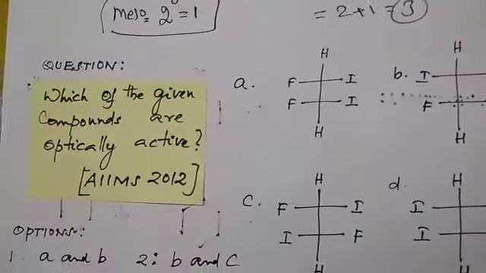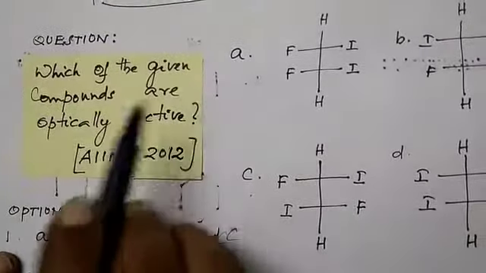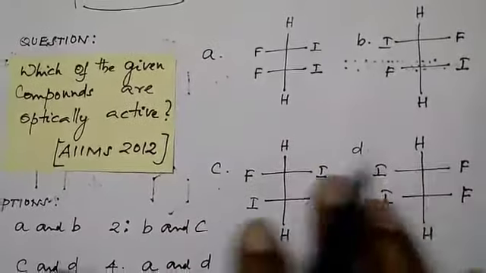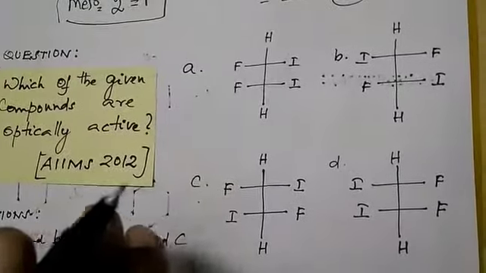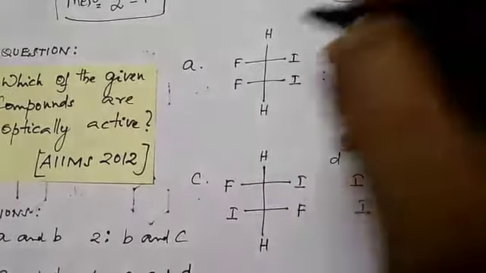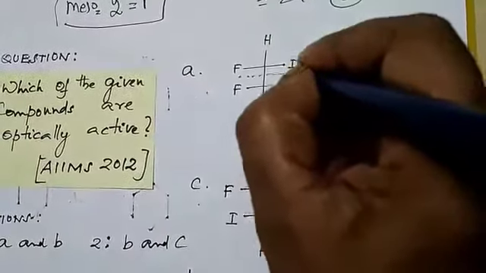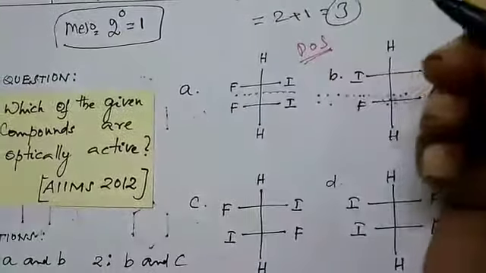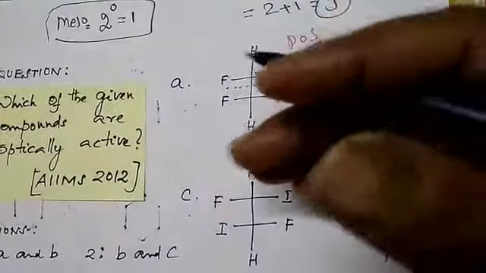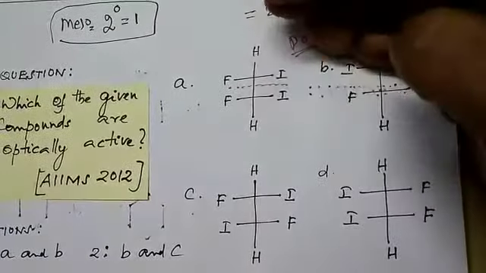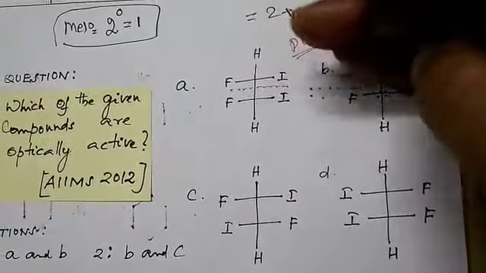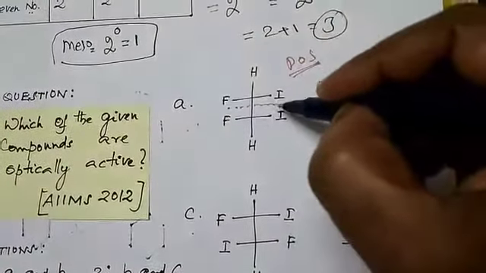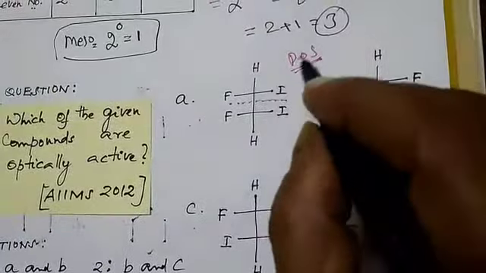Now let us come to a very simple question. Which of the given compounds are optically active? Okay, now here we can see at a glance. The point I want to draw is that if you put a plane here, this is called a plane of symmetry, POS, which divides the molecule into 2 equal halves, and both are object and mirror image. This is called a meso compound. Because of this plane of symmetry, it is not optically active.